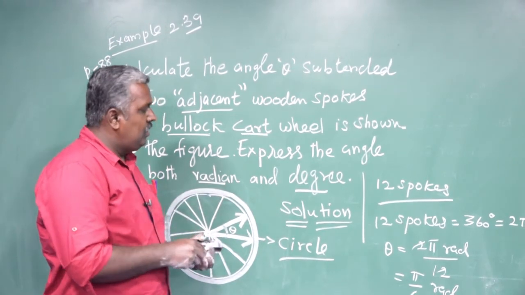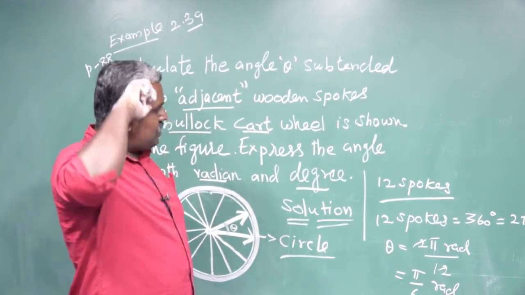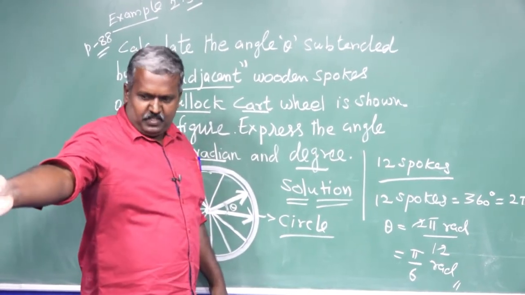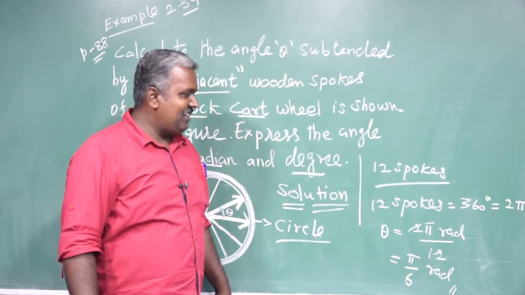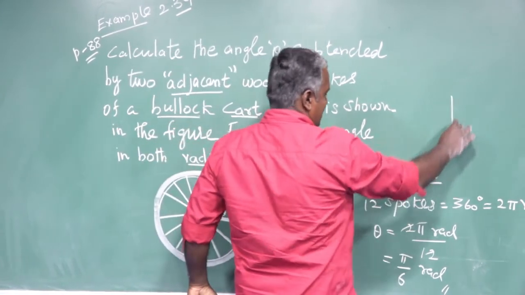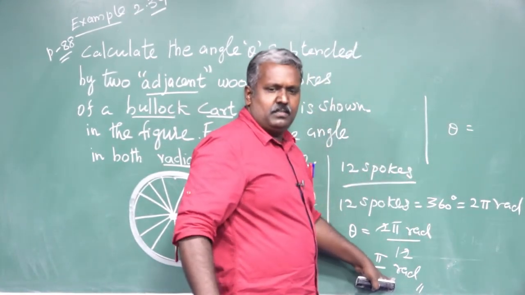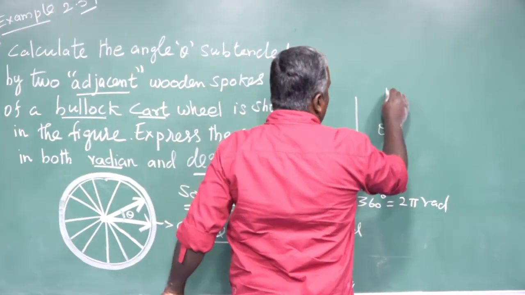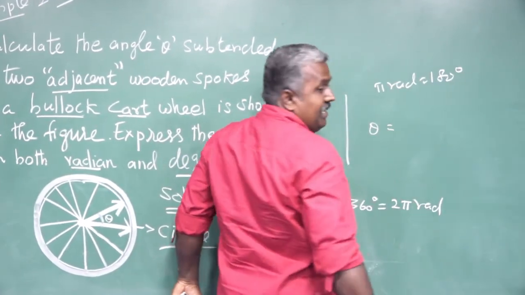Very good. Next, anyone, try yourself quickly. In degree. Very good. Because pi radian is equal to 180 degree.